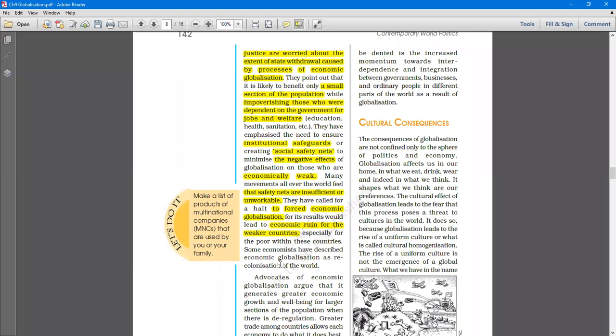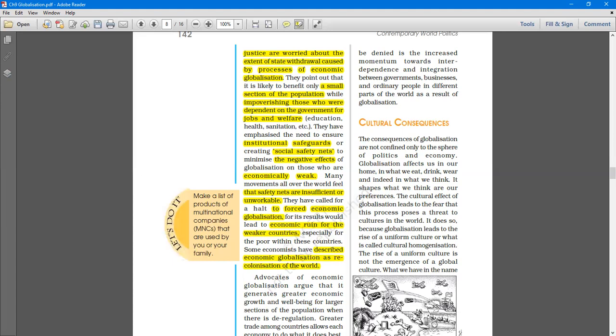Some economists have described economic globalization as recolonization of the world. A few economists even went further and say that it is a kind of recolonization of the world through the power of the developed countries. You see the companies of these developed countries everywhere throughout the globe. What about the rest of the countries, their own companies, traders and businesses?